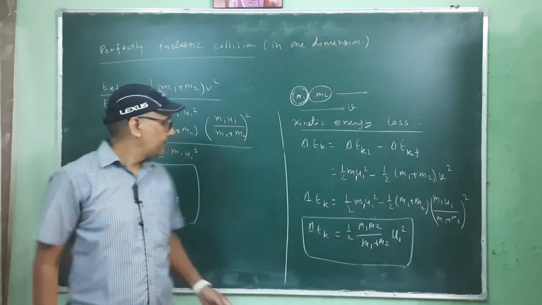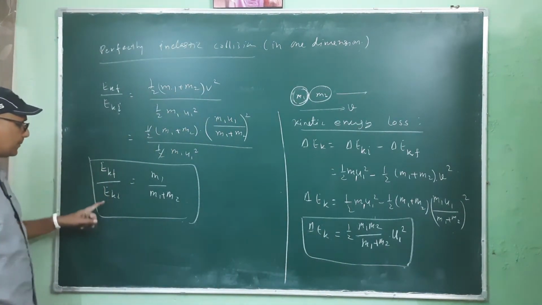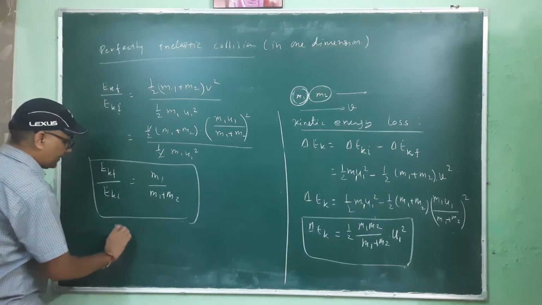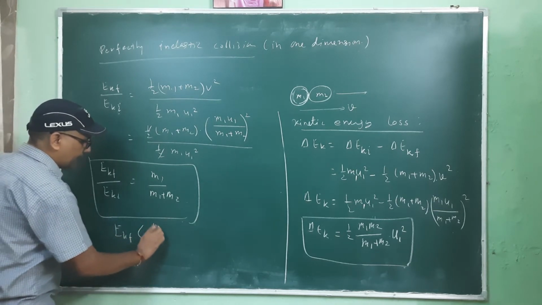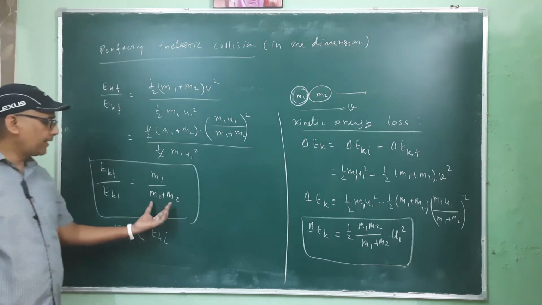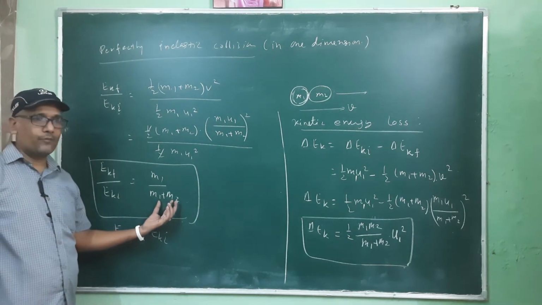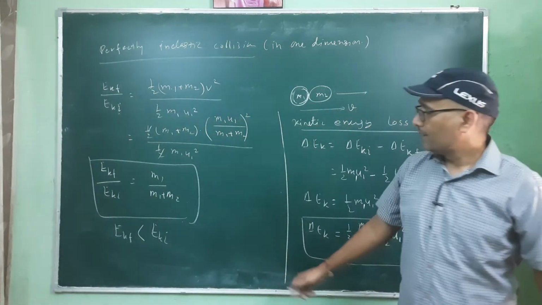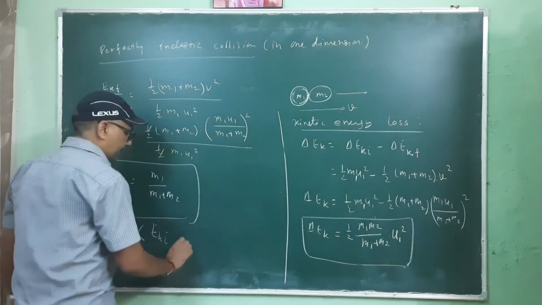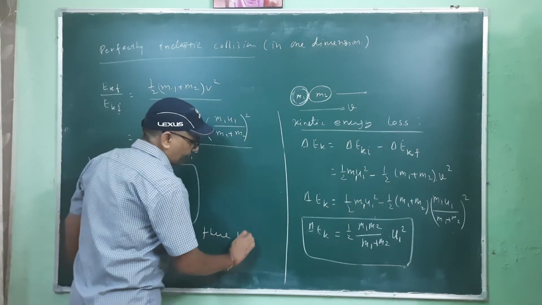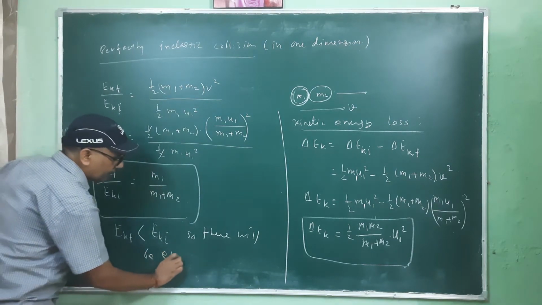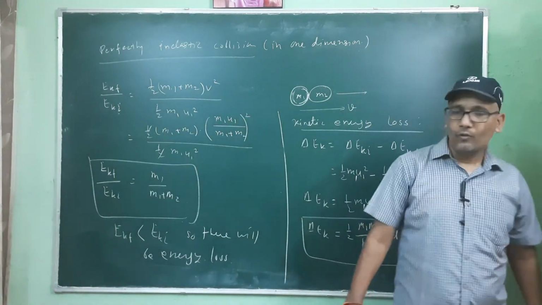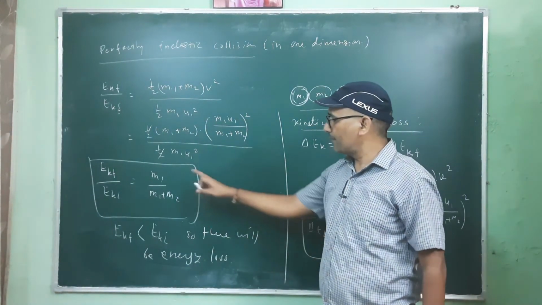So what it means here is that this final kinetic energy upon this initial kinetic energy, this Ekf, is always less than Eki, because the denominator is a bigger quantity here, this m1 plus m2. Means the final kinetic energy is always less than the initial kinetic energy. So there will be energy loss. The kinetic energy is not conserved. So we can prove there is no conservation of kinetic energy by calculating this.